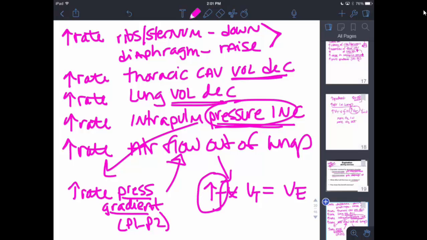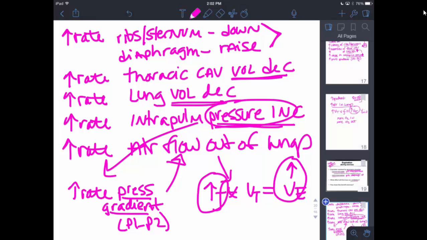So if breathing frequency is faster, then total ventilation is faster. We can bring in oxygen faster. We can get rid of CO2 faster. Okay? So the sooner you expire, the sooner you can take your next inhalation, which means that you can inhale and exhale more frequently in a minute's time.